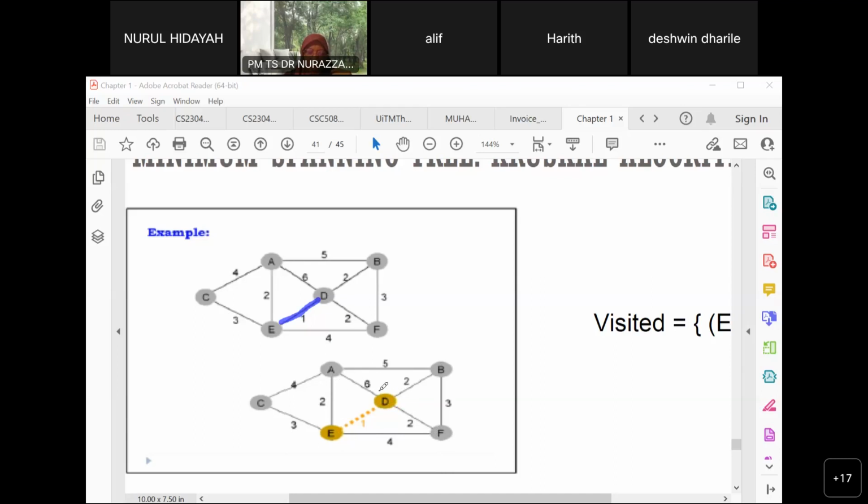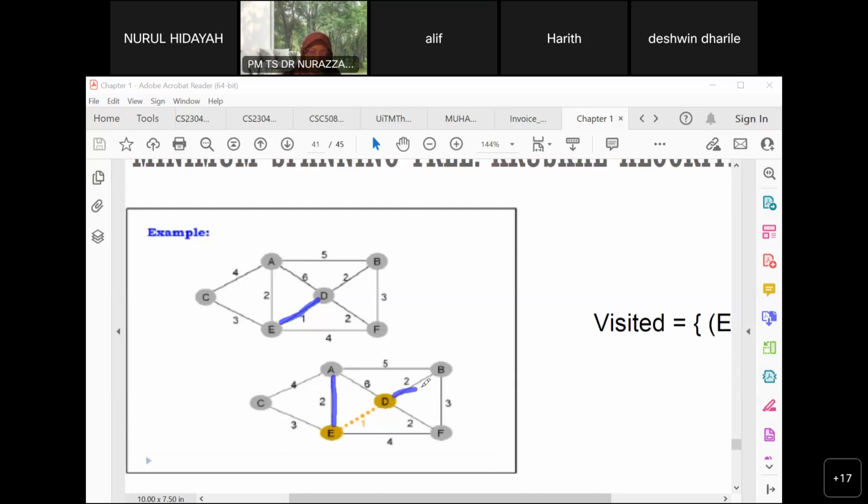So mula-mula kita tengok one by one. So from A to E, kita dah select belum kan? And kalau kita select, dia cause cycle tak? Tak ada, dia tak ada cause cycle lagi kan? So kita boleh select lah this one. Kita boleh select A to E sebab dia yang smallest weight kan, 2. Okay, next 2 ialah D to B.